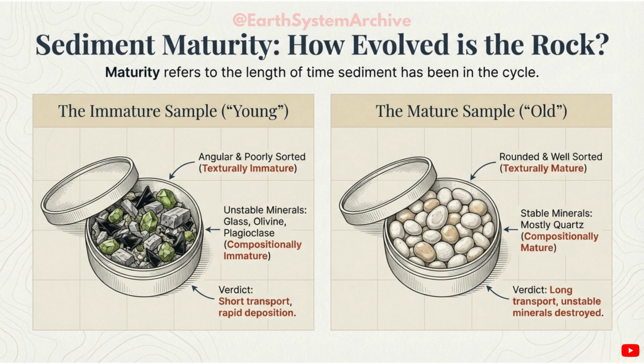A sediment containing angular volcanic fragments plus olivine plus plagioclase would be immature. Angular plus poorly sorted plus unstable minerals. Beach sand dominated by rounded quartz grains is mature, long transport and quartz stability.